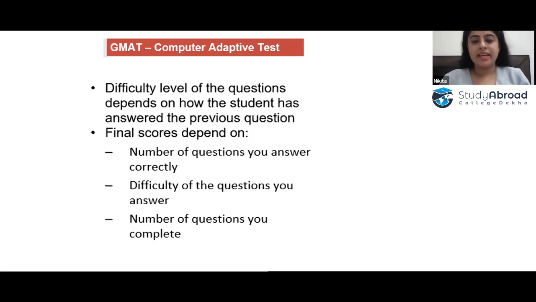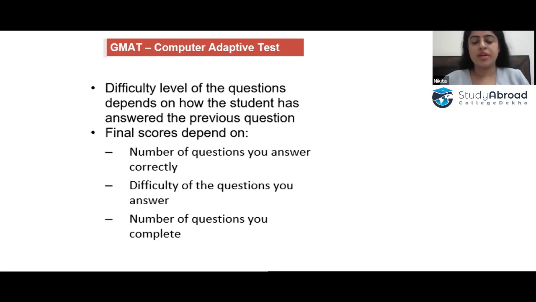Whatever question you have on screen, the next question that appears for you depends on whether you answered the previous question correctly or not, and on the difficulty level of the previous question. So the difficulty level of the questions depends on how the student has answered the previous question.